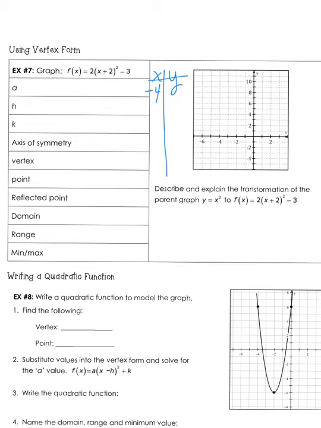The next, this is my parent function. Okay, the next point of the parent function is -1, 1. So 2 left of that would be -3. And then from 0, 2 left of that would be -2.